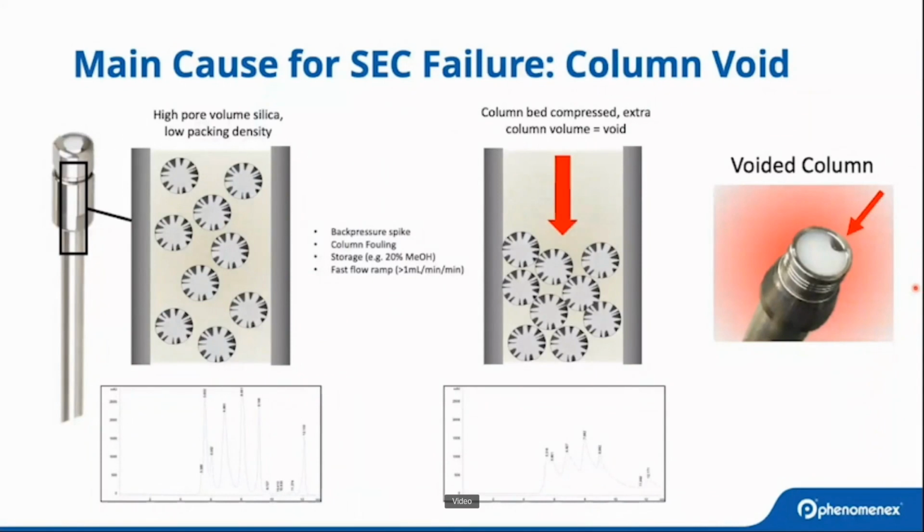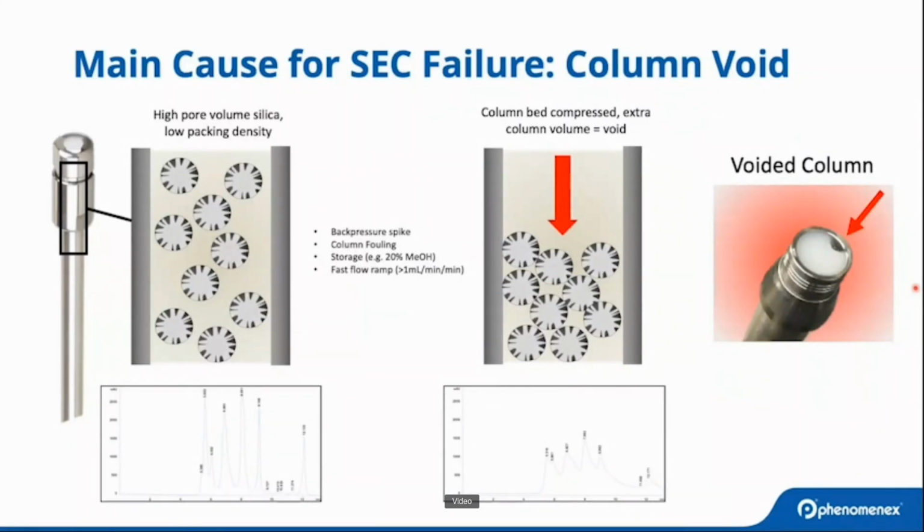Size exclusion particles have always historically been over-porous, with larger pore volumes compared to reverse phase silicas, which are around 0.6 to 0.8 ml per gram. So we are essentially sacrificing mechanical strength to prioritize a wider exclusion or separation range.